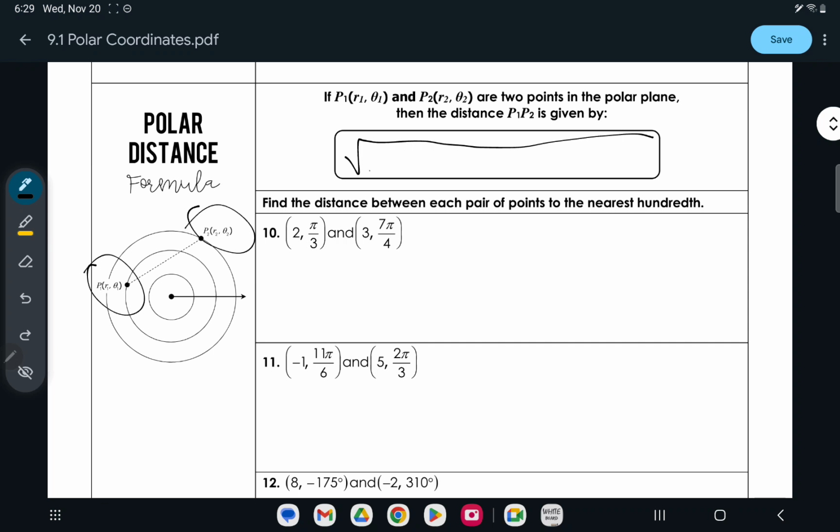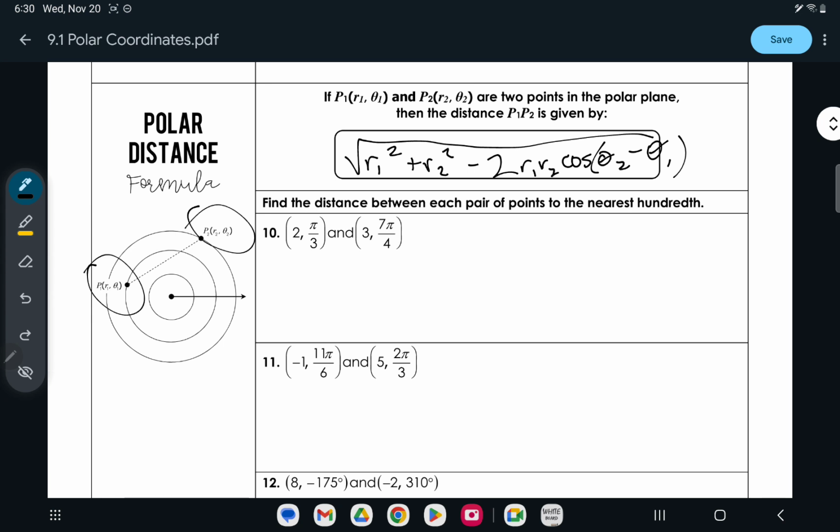So the square root of r1 squared plus r2 squared minus 2 times r1 r2 cosine of the difference in the angle. So theta 2 minus theta 1.